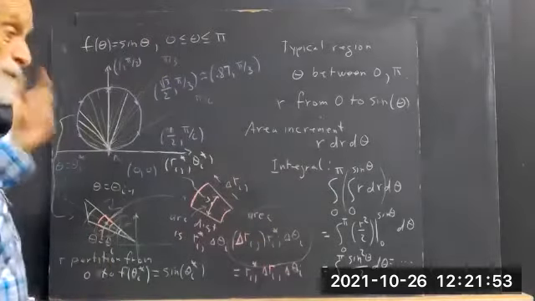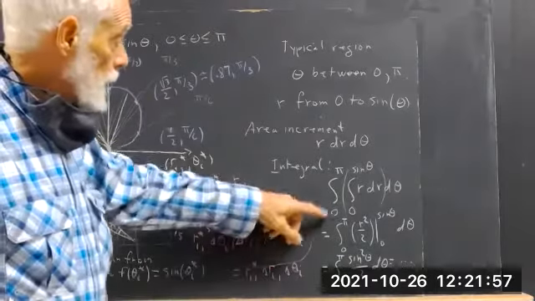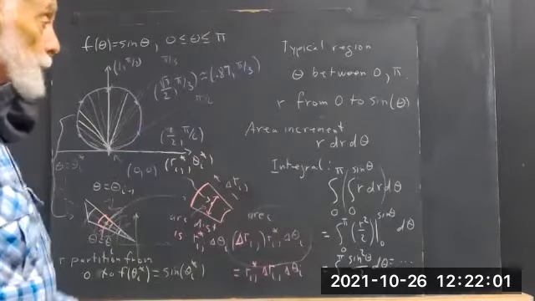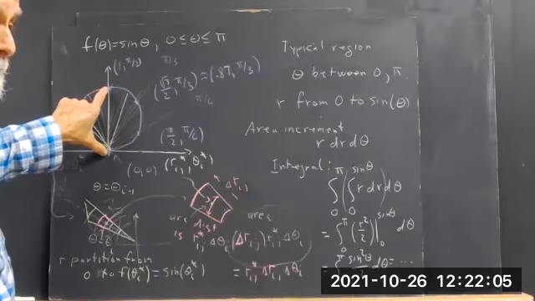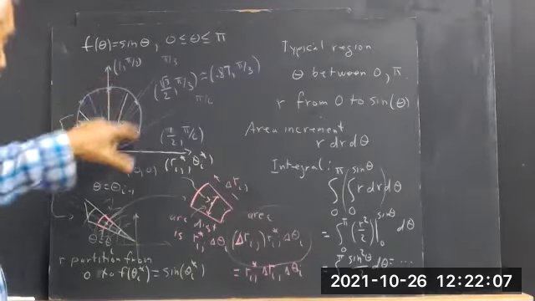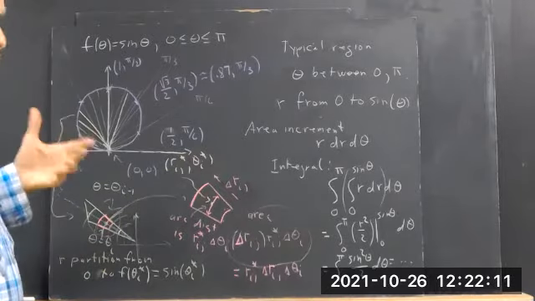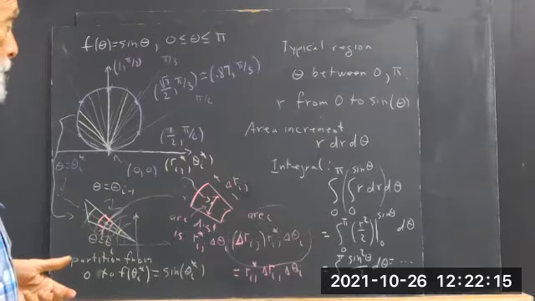So if you want the area of the circle between pi over 6 and pi over 3, you just go from pi over 6 to pi over 3. If you want the whole circle, of course, you do what we just did. If you want the half circle, of course, you're going to get half the area of the circle, which would be pi over 8.